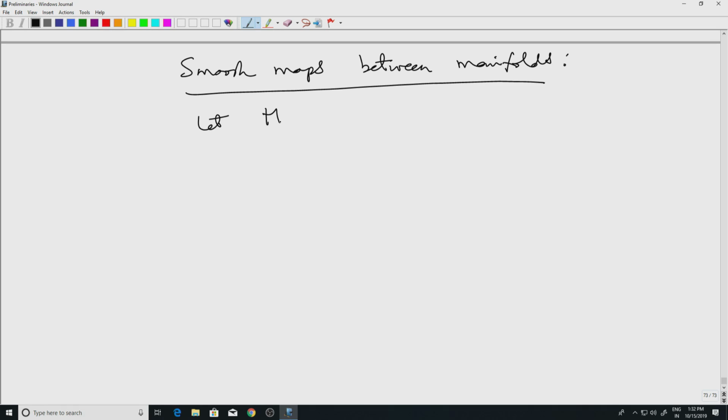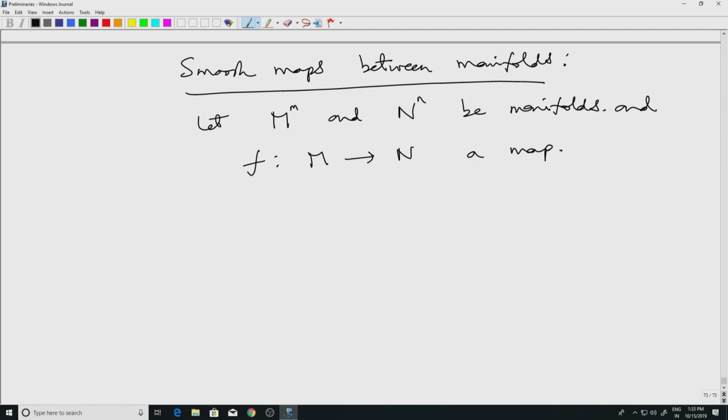So I start with M and N being manifolds. As usual, the superscript denotes the dimension. And F from M to N a map.